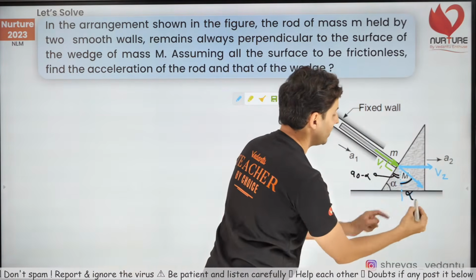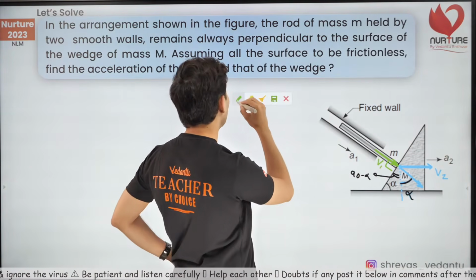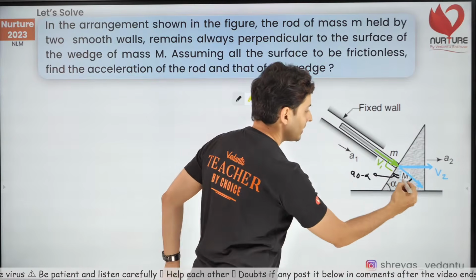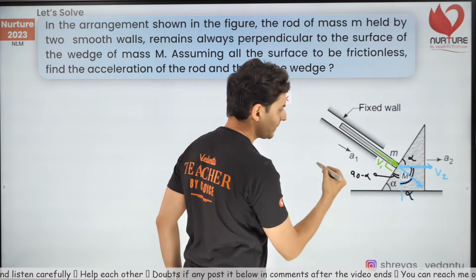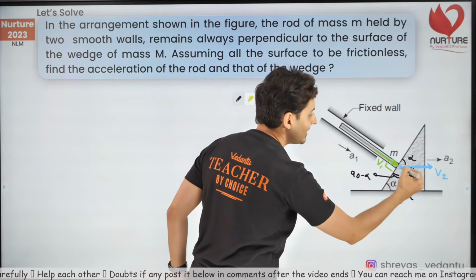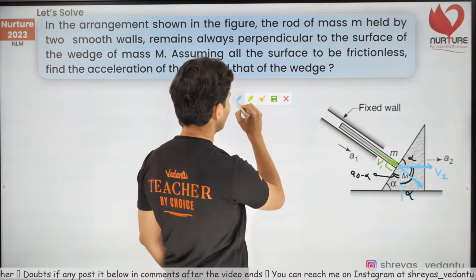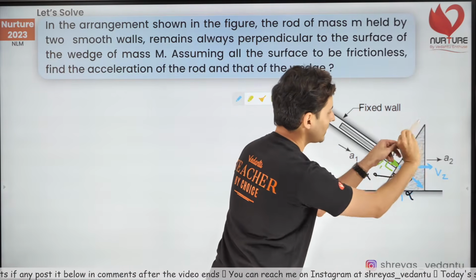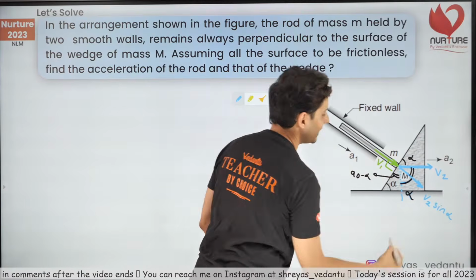So what is this velocity then? I need to draw one more thing. Wait a minute. This is alpha, this is 90 minus alpha, and this is alpha again. So v2's sine component, observe this: this is v2, this is the cos component, this is v2's sine alpha component.